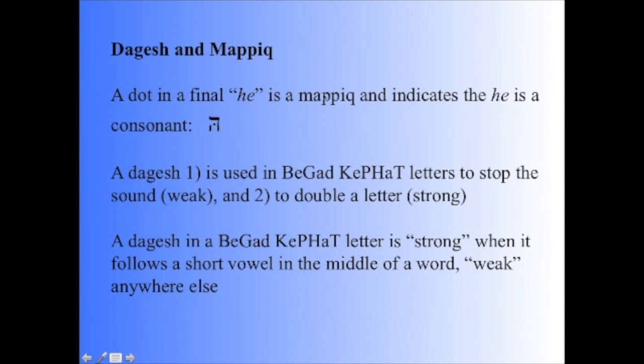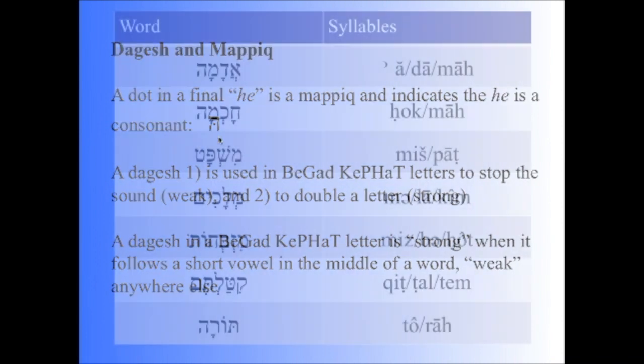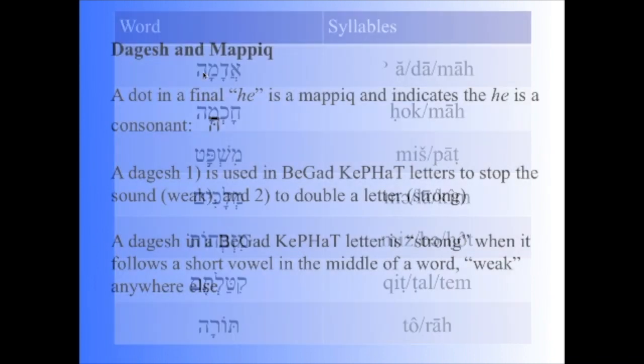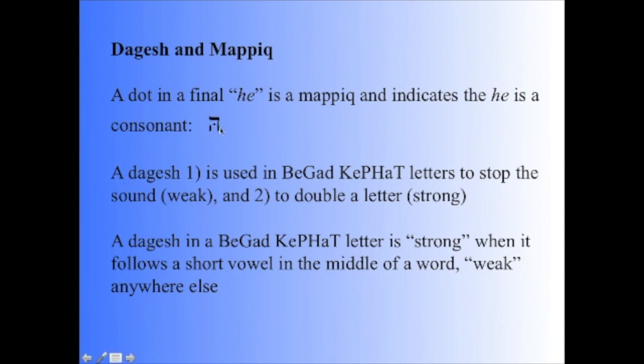That's called a mapik, and it plays a different role. What it does is it tells you that the hey is a consonant in this case. Because remember, when we look back at some of these heys at the end of words, they're actually part of a long vowel, the kamets hey. So if the Masoretes want to indicate that this final hey is acting as a consonant and not part of the vowel, they add this dot.